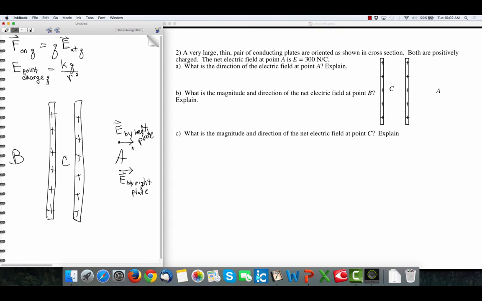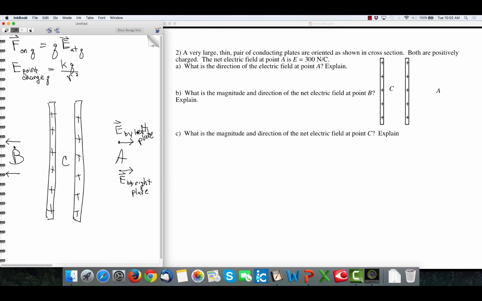What about point B? Doesn't matter how far you are away from the plates. What's the direction? To the left by the right plate, to the left by the left plate, and the total is still to the left and has the same magnitude, 300 newtons per Coulomb for the total.